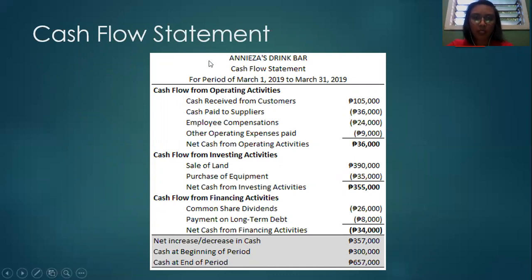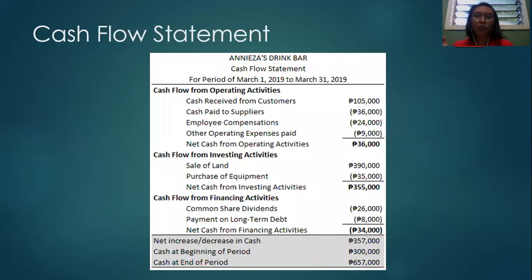You have here in this part the heading, the name of the business, the name of the financial statement, which is a cash flow statement, and the period covered. For the period covered, you may not follow this format. You may use for period ended, for year ended, for month ended, for quarter ended, and then the date of when the quarter or the period ended.